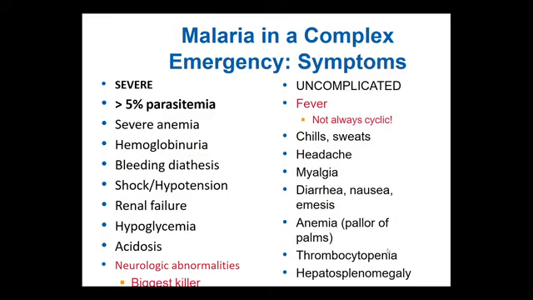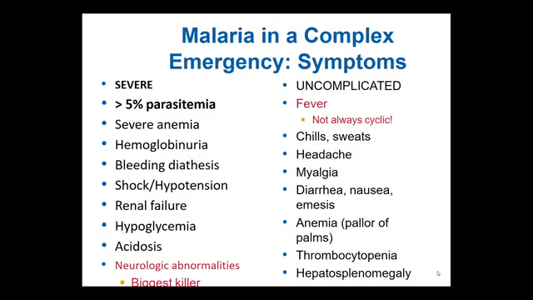Anemia is a constant sign for all types of malaria, but again it may be more or less expressed. Mild anemia in some kinds of malaria, and severe anemia with hemoglobin less than 50 grams per liter in Plasmodium falciparum, which needs blood transfusion.